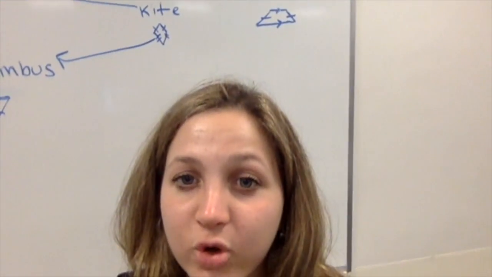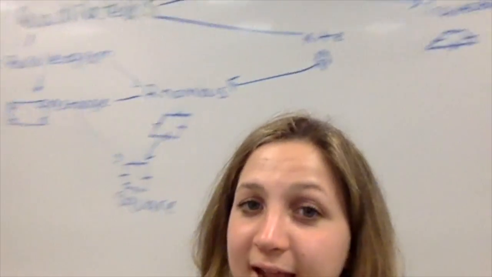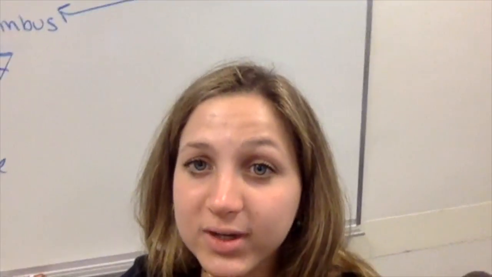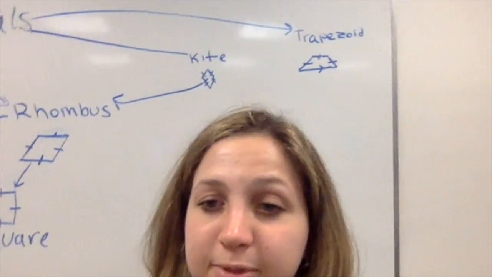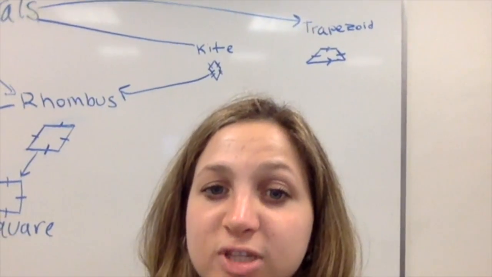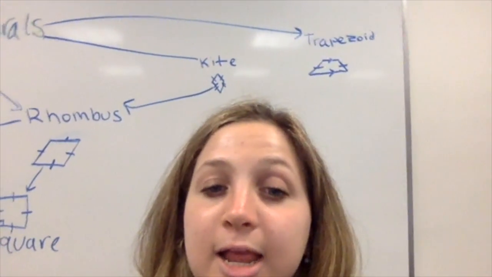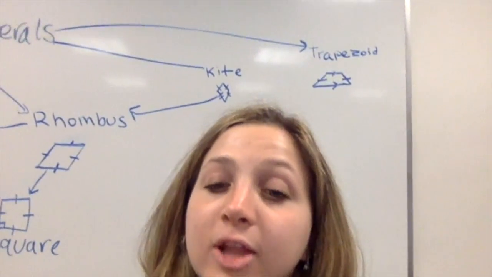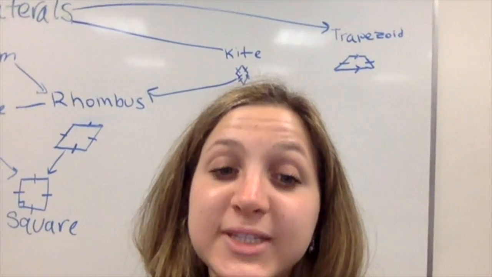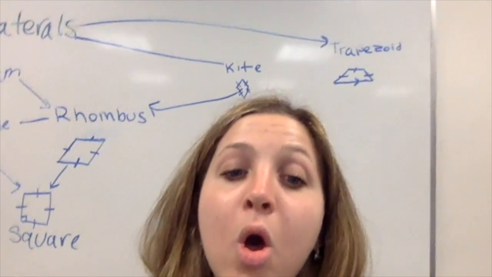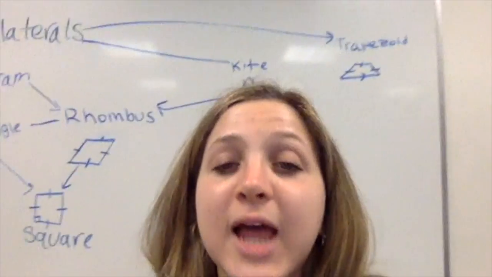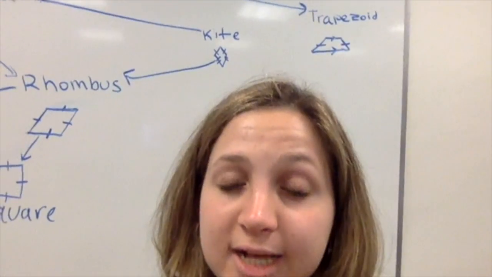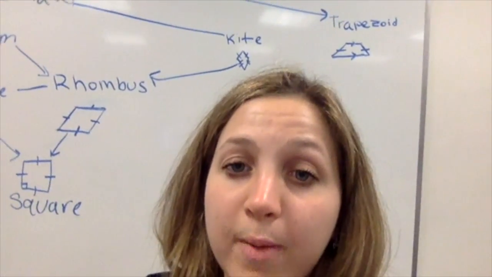Unconnected to any of the other quadrilateral shapes, but still connected in the quadrilateral tree because it does have four sides, is the trapezoid. The defining attribute of a trapezoid is that it must have exactly one pair of parallel sides. All parallelograms must have all opposite sides be parallel, while a kite can sometimes have opposite sides parallel when it is a shape such as a square or a rhombus.